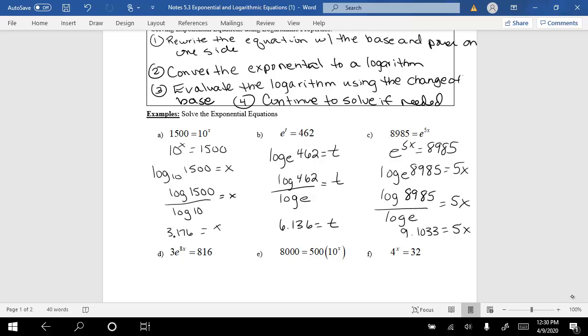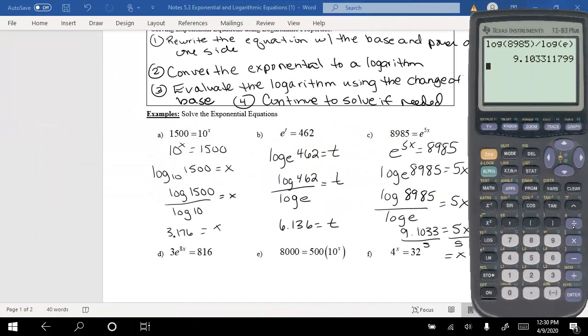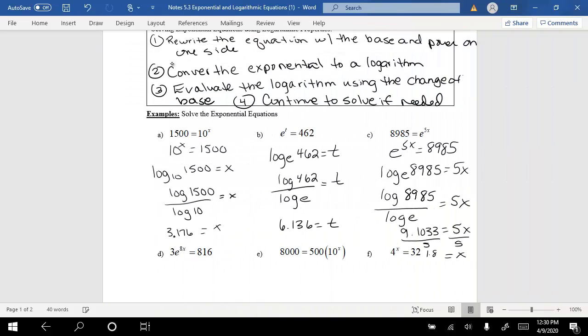So I'm trying to solve for x. How would you solve for x? You would divide both sides by 5. So you're going to take your answer and divide that by 5. So the answer to the problem is 1.82. We're going to round that to 1.821.